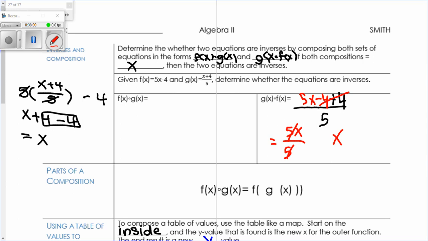So your final answer: these are inverses. These equations, actually f of x and g of x are inverses, period. You have to learn how to do this, okay?